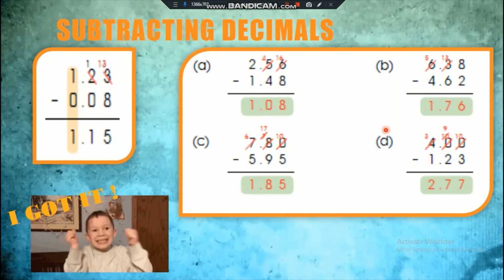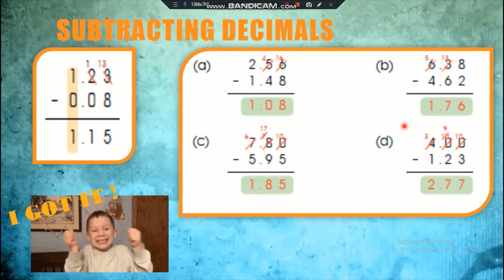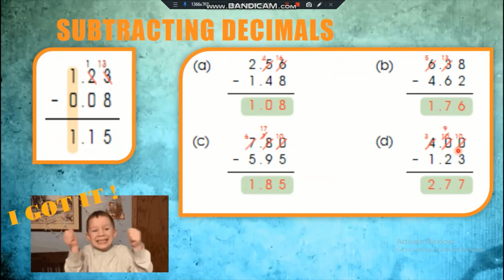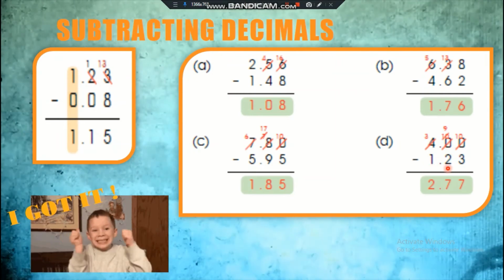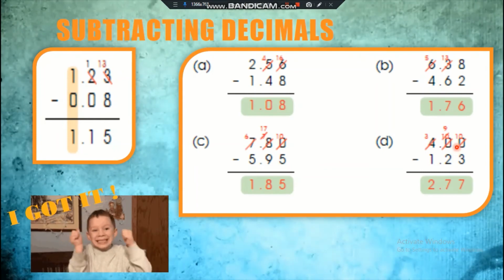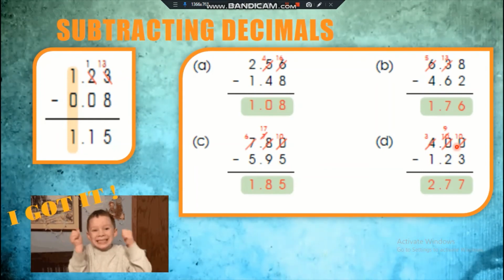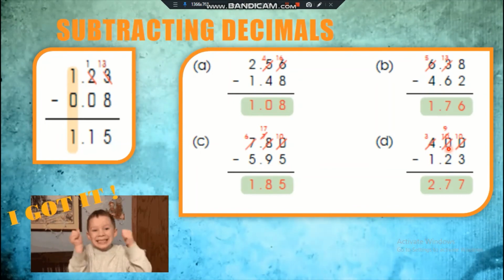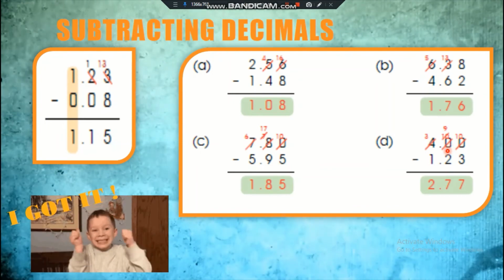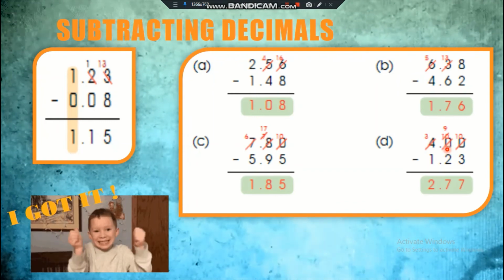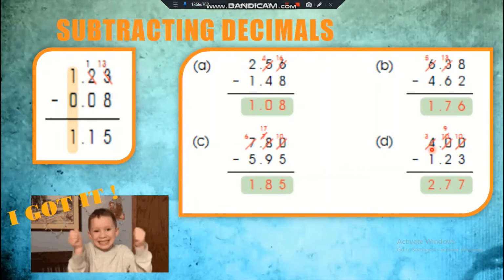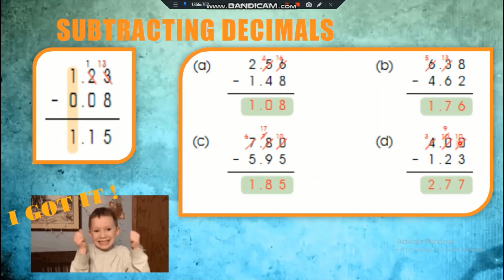Let's look at one more example over here. Let's select part D. 4.00 minus 1.23. Can I subtract 3 from 0? No. Over here as well I have 0. So what should I do? Can I borrow 1 from 0? No, right? I would have to make it 10. How? I will borrow 1 from 4.